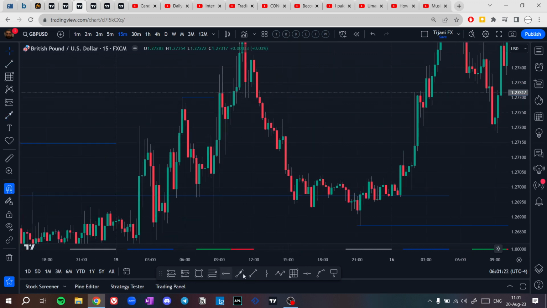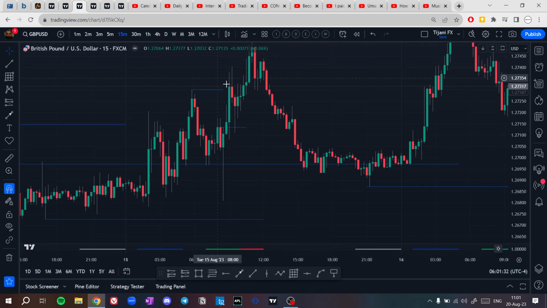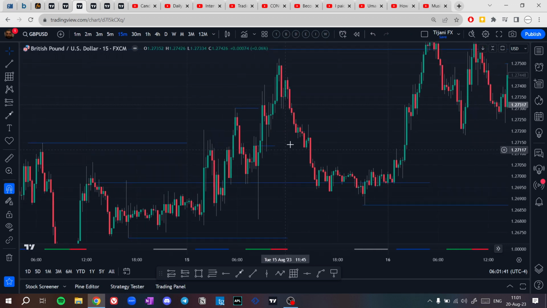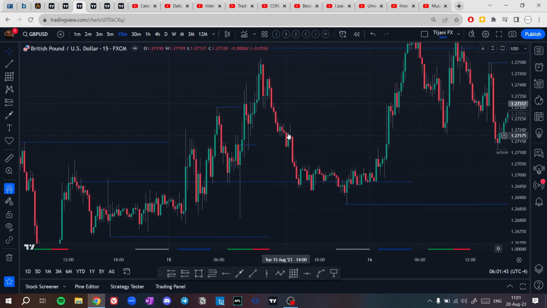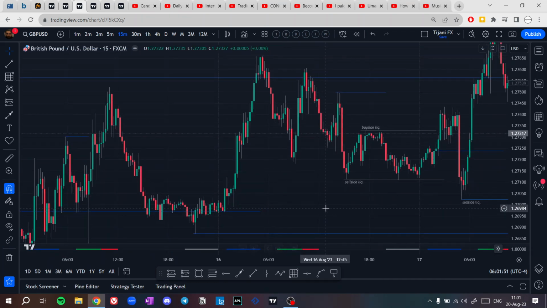This could be a good entry for me. I didn't take it, as I took a sell entry on EURUSD. For me, it wasn't correlated to take a buy entry on GU, so I didn't take any entry on the GU pair. Price then went higher, then we have a retracement to this 4-hour order block.